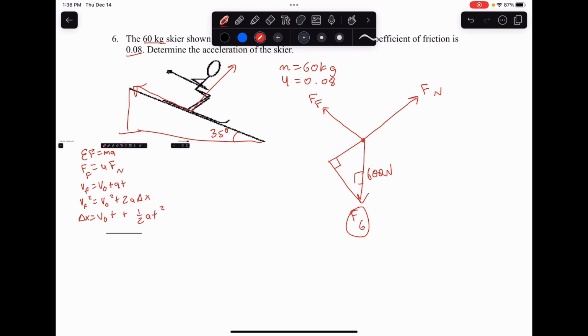So this will be the y, this will be the x. And let's find these x and y values. Oh, and we gotta put in this angle. So we can say this is 35.